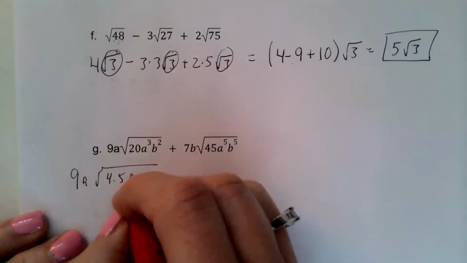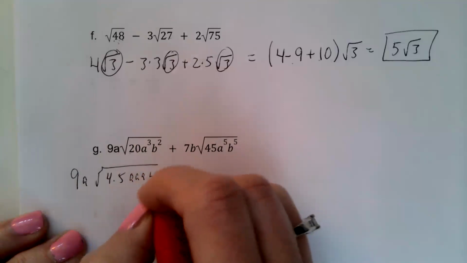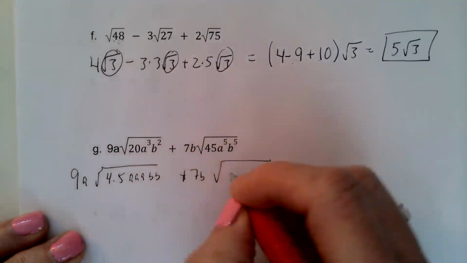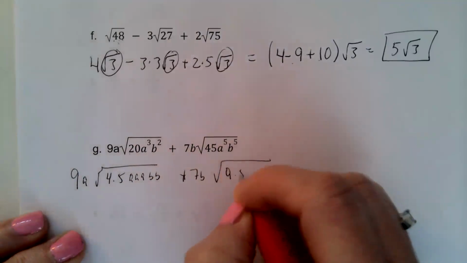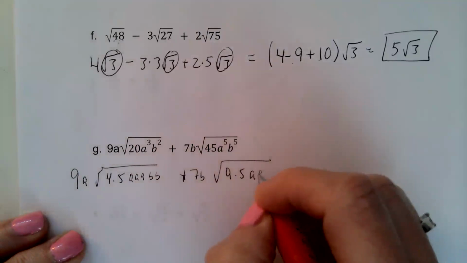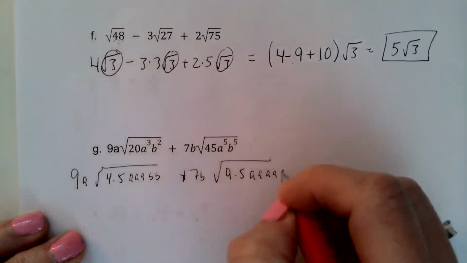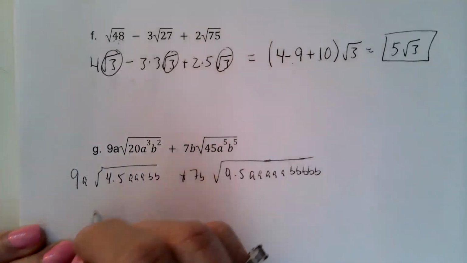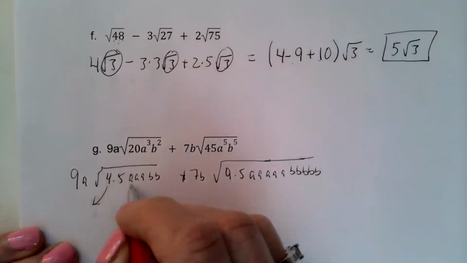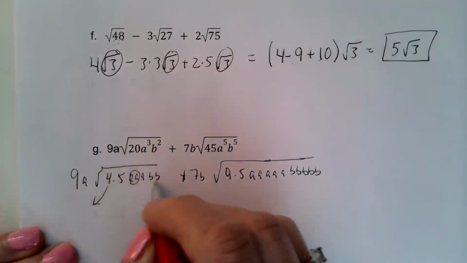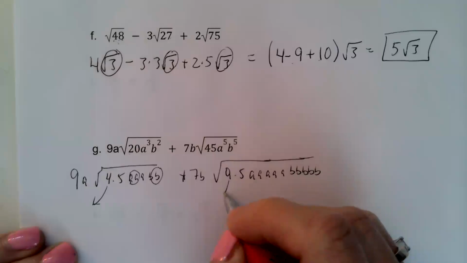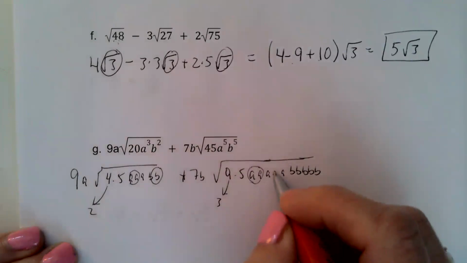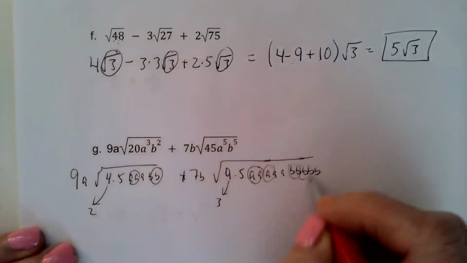And then 7b, the square root of 9 times 5, and then we've got a, b. So that comes out, and then I've got 1, 1, this comes out, and then we've got 1, 2 there, 1, 2 there.